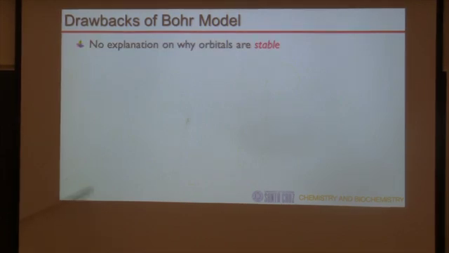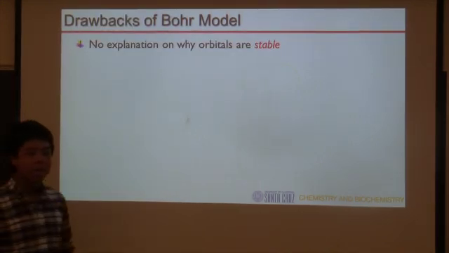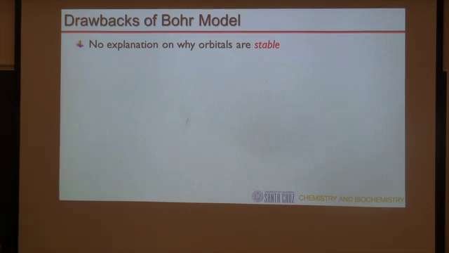The first one is that Bohr did not explain why we have stable electron orbitals. You just proposed we have stable electron orbitals, and we know the energies. But why are the orbitals there? Why are they stable? No explanation at all.